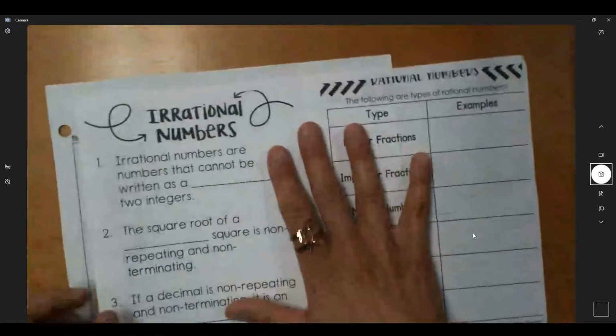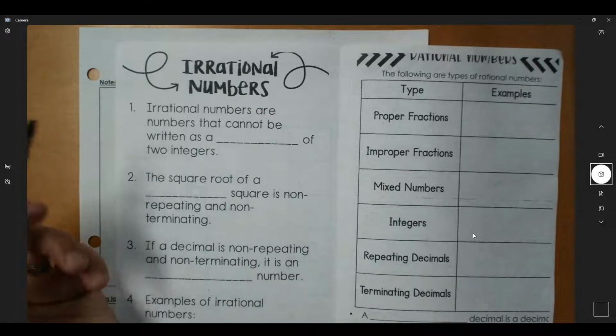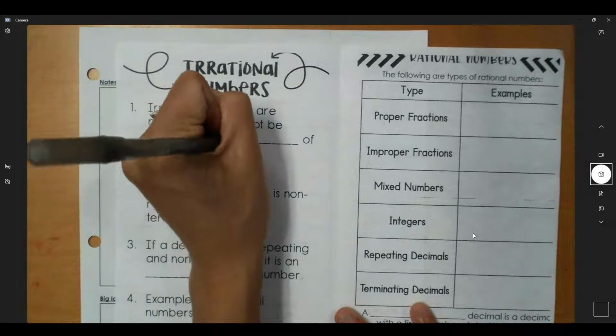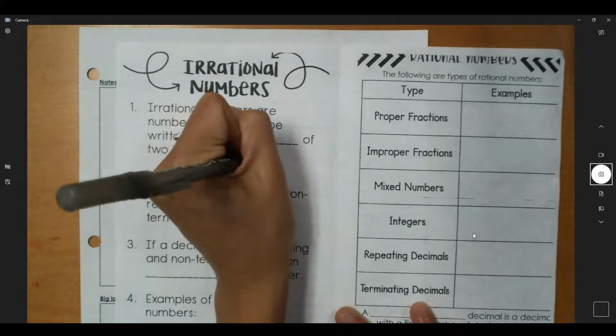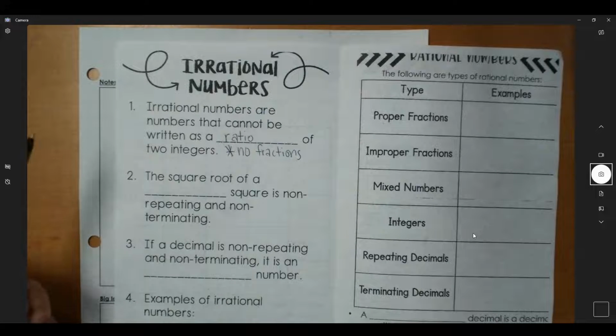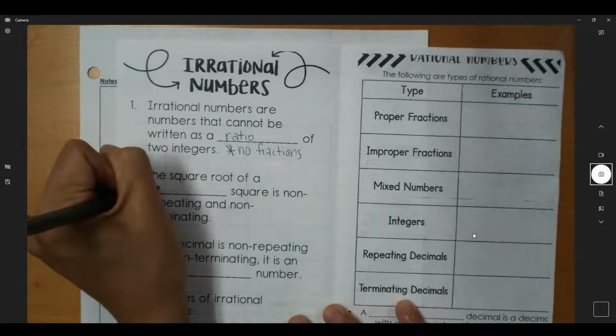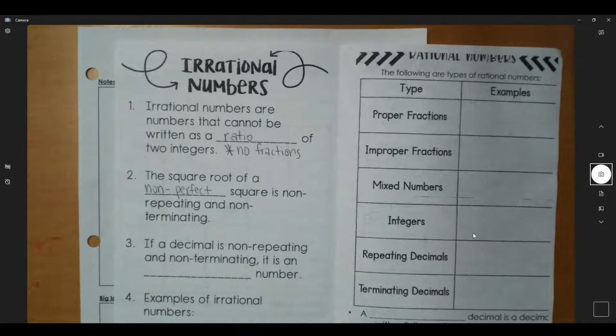And then let's go ahead and talk about, on the inside, irrational numbers. So irrational numbers are numbers that cannot be written as a ratio of 2 integers. So no fractions. That's what we were talking about. The square root of a non-perfect square is non-repeating and non-terminating. So repeating would be like if it had the line on the top of it, that meant it's repeating. It can't repeat to be irrational.